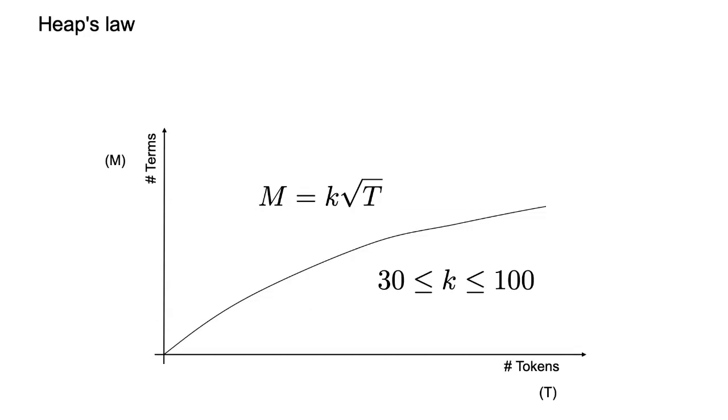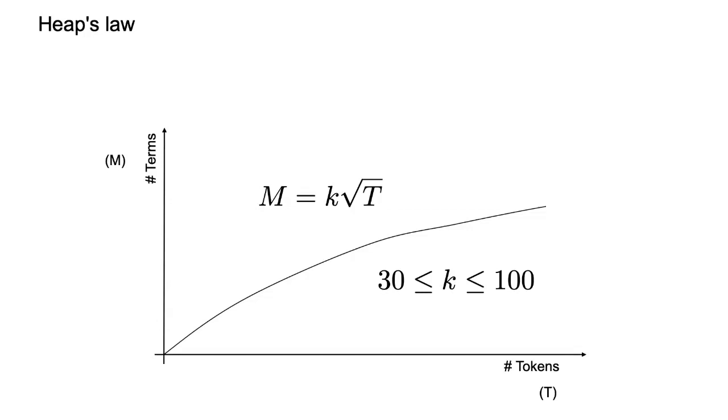But surprise, surprise, that's not what happens. This is just experimental. It's not a theoretical thing. Actual data analysis shows that it's more like the square root of the number of documents, right? So the value of the constant in front of the square root is typically between 30 and 100, but that might actually vary between languages and depending on the field as well.